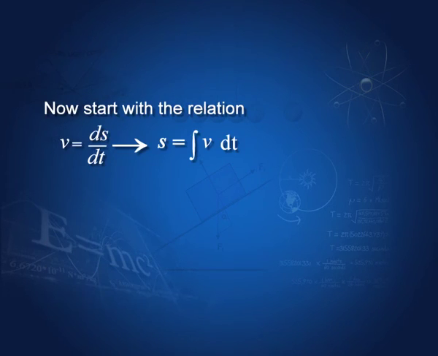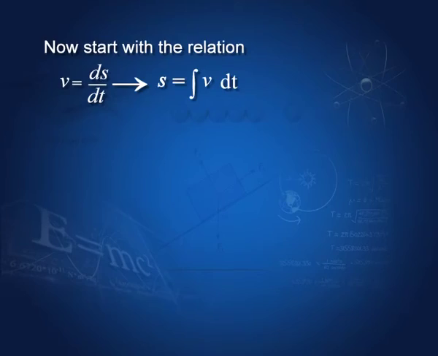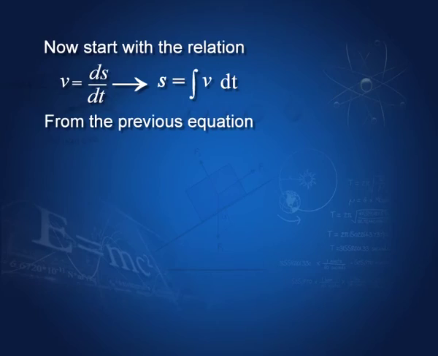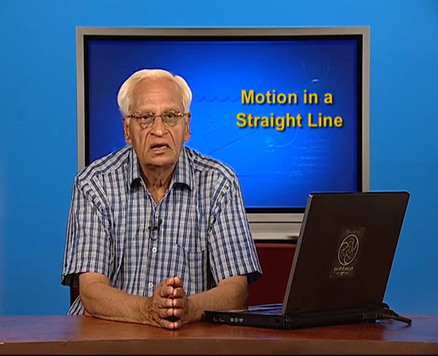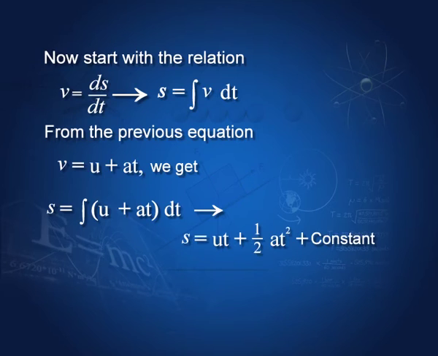Now, for the next equation, we use the relation v equal to ds by dt. So, s is equal to the integral of v dt. From the previous equation, we have already seen that v is equal to u plus a t. So, we substitute v equal to u plus a t in this integral and then we integrate. What we get is s is equal to u t plus half a t square plus a constant.